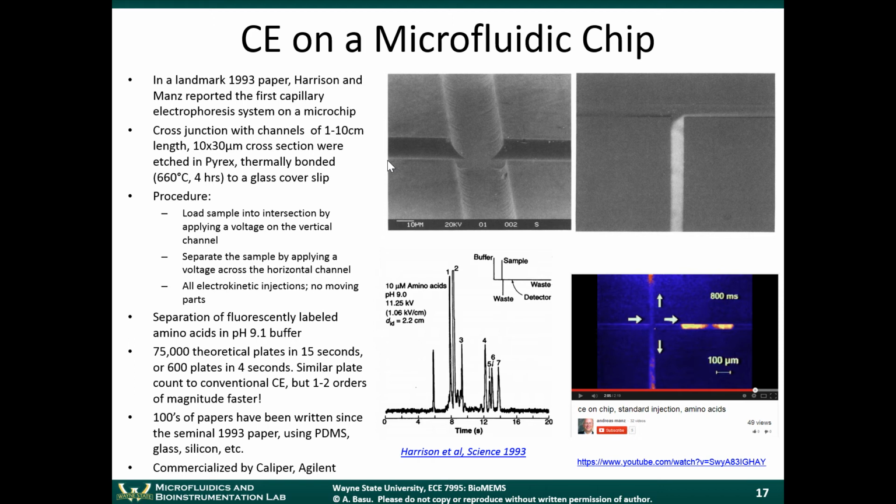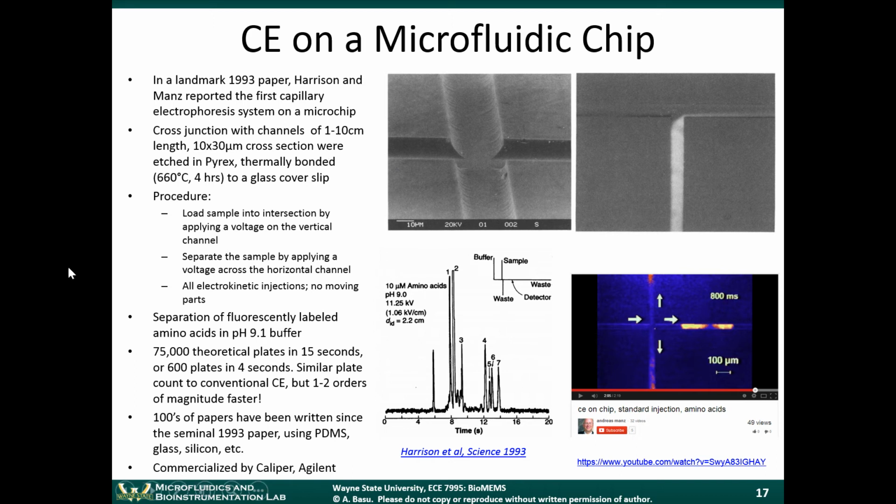Whereas the traditional capillary electrophoresis systems may take tens of minutes, this capillary electrophoresis system on a chip can do separations within tens of seconds. So it's a huge difference in terms of analysis speed. You can imagine why a forensics person or a life scientist would be interested in that if they can do their analyses much faster.